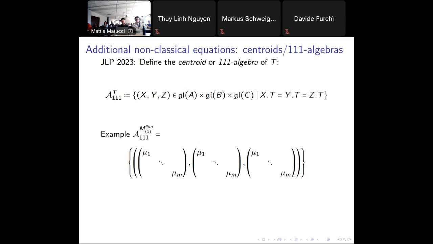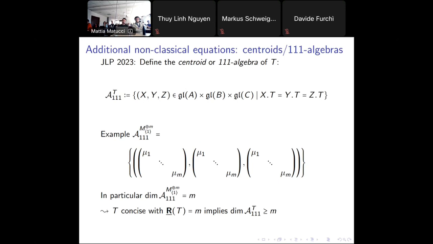So for example, with our unit tensor, then we just get the diagonal matrices repeated 3 times, and it's pretty clear that if I multiply A1 by mu1, that's the same thing as multiplying B1 by mu1, because I could pull out my scalars. This object turns out to have remarkable properties for us.